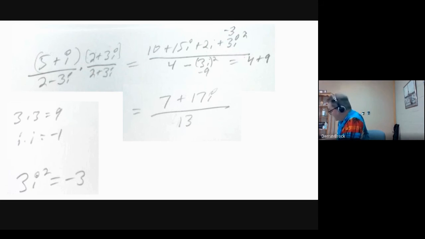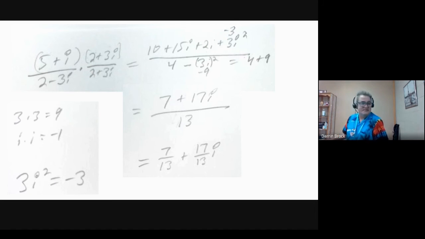So we can simplify that to make it a complex number. We divide out the real part. 7/13 is the real number, and the imaginary part is 17/13 i. So we got 7/13 plus 17/13 i. That's what you get when you take 5 plus i and divide it by 2 minus 3i: multiply by the conjugate and then simplify from there.